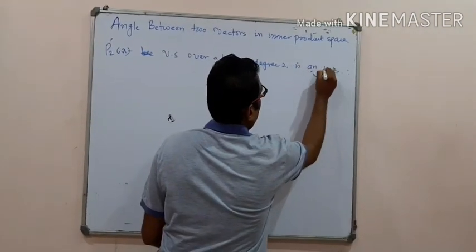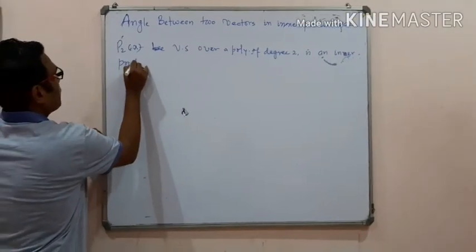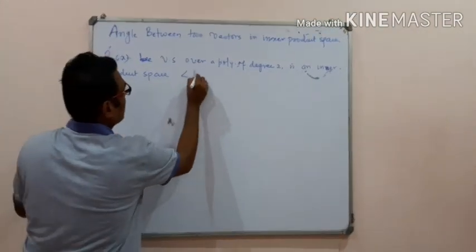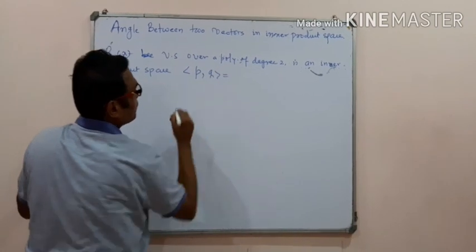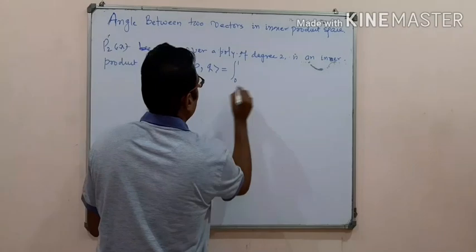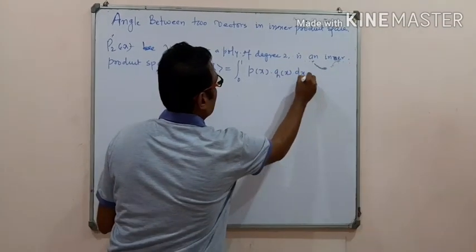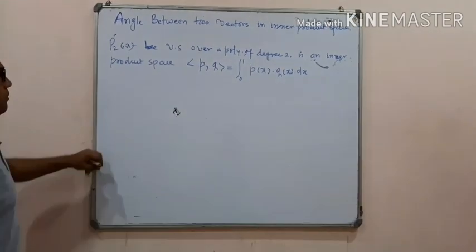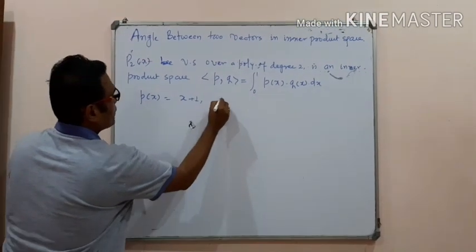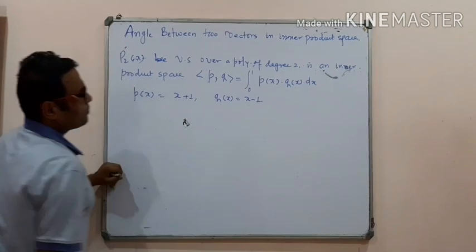It is an inner product space with the inner product defined by p comma q, equal to the integral for x from 0 to 1 of p(x) multiplied by q(x) dx, where p(x) is x plus 1 and q(x) is x minus 1.